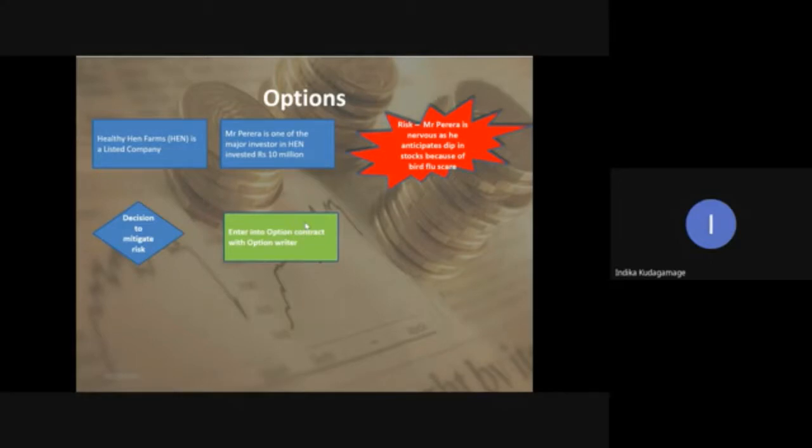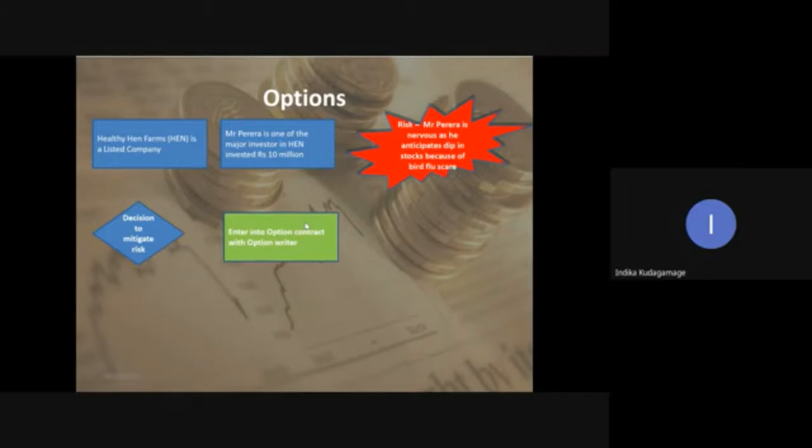So it is standardized, exchange traded. The previous one was called over the counter, OTC, right? So future, then option, futures and forwards, then swaps.